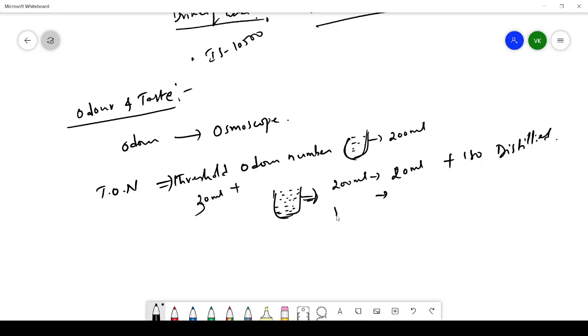Assume that at 50 ml sample, the trained expert is able to find the smell of water.